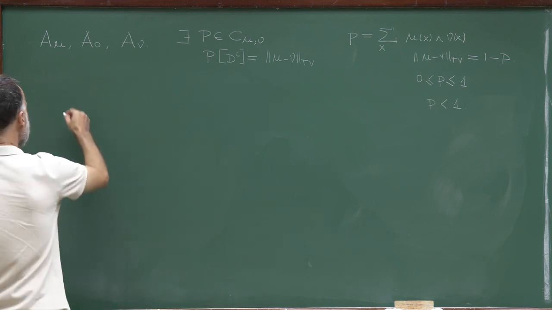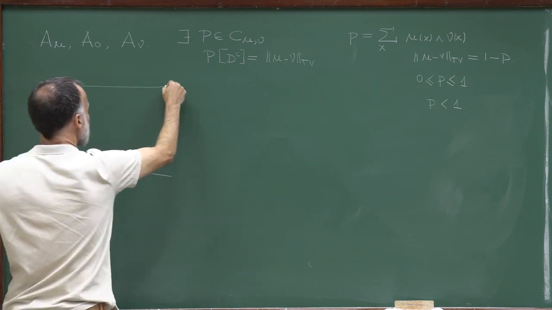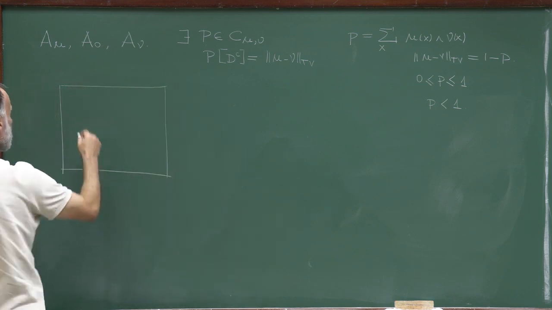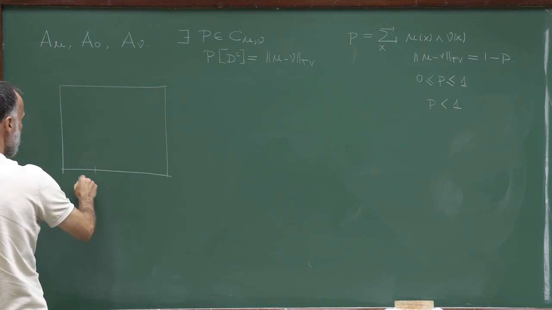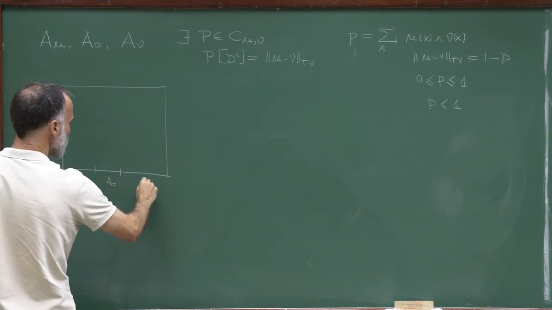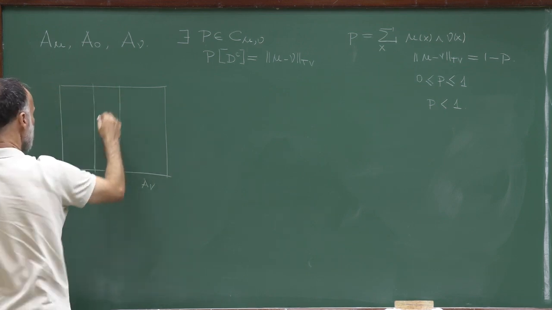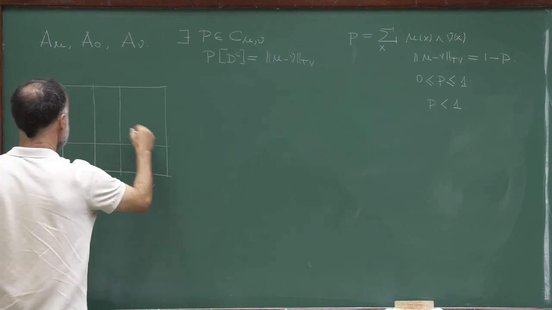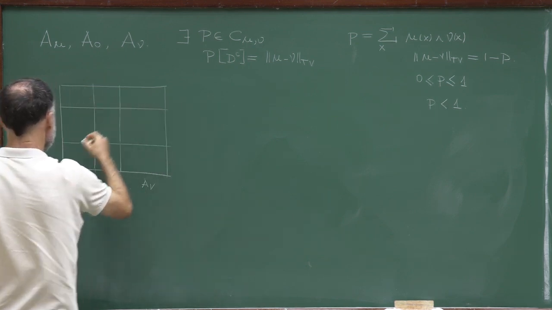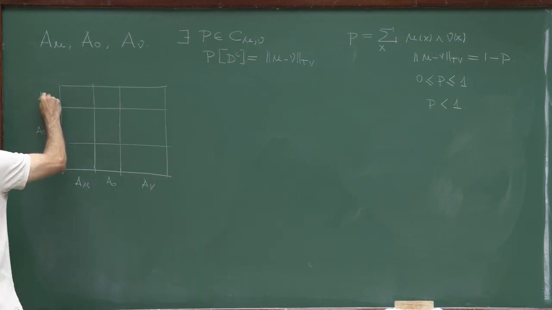So let's draw a picture again. We divided the set omega in 3 pieces, A mu, A0 and A nu. So here's A mu, A0 and A nu.